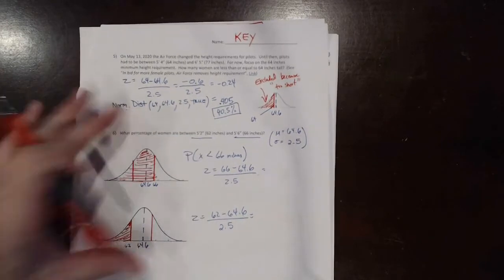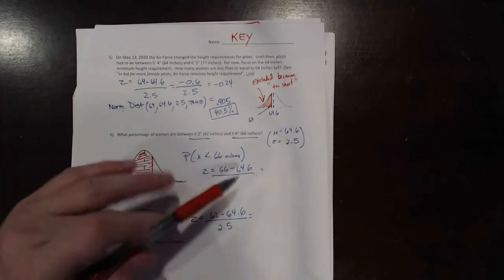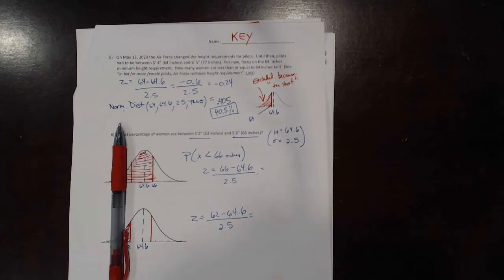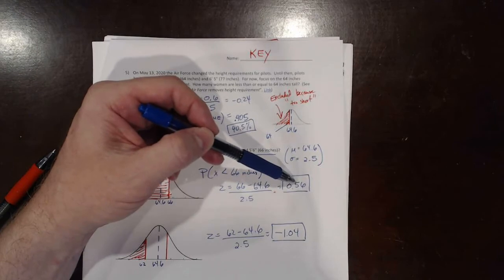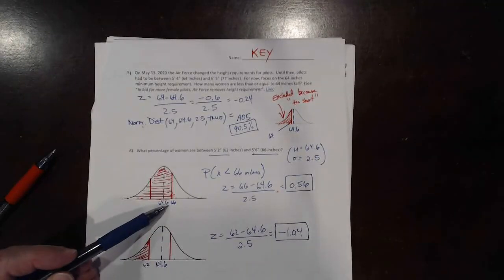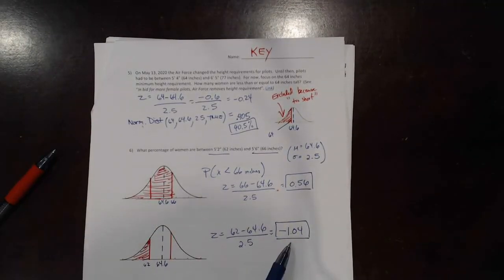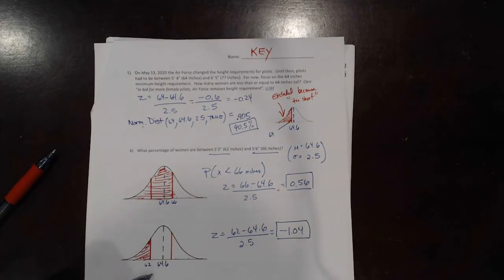Okay, so this is 0.56 standard deviations above the mean, and this is actually 1.04, so just over one standard deviation below the mean.